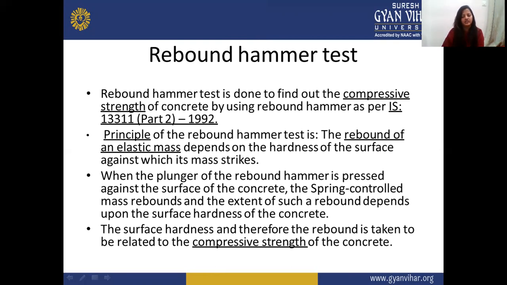If the concrete surface is stiffer, the rebound will be longer, and if the surface is less stiff or less hardened, the rebound will be very small. The surface hardness, and therefore the rebound, is taken to be related to the compressive strength of the concrete.